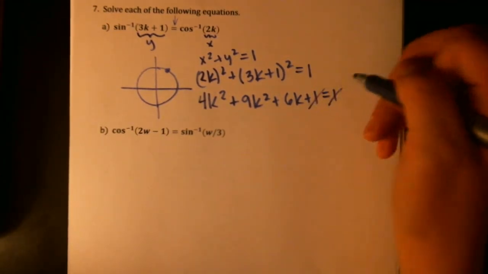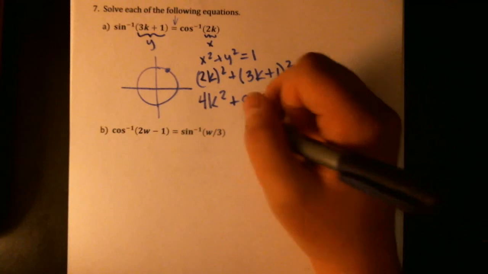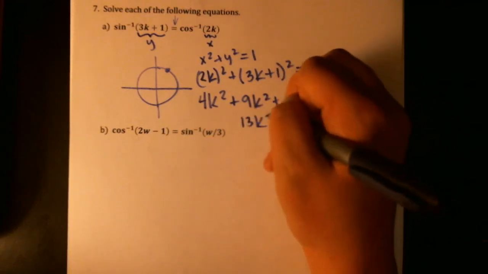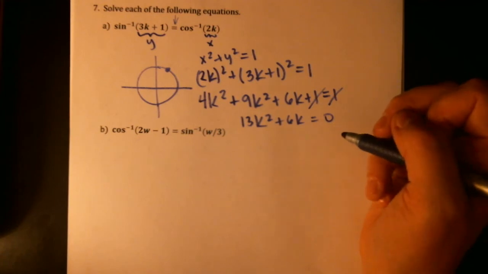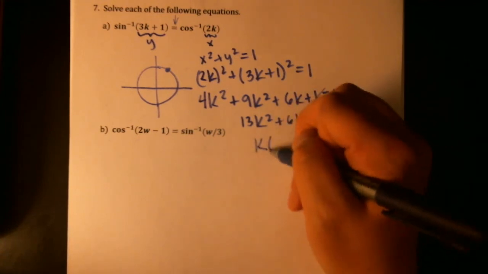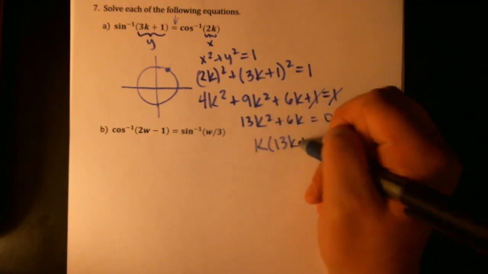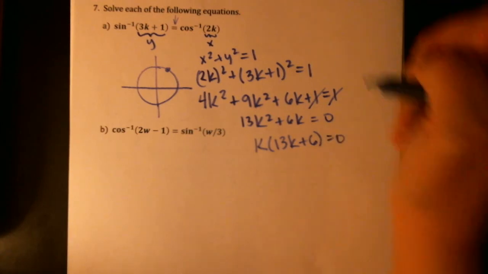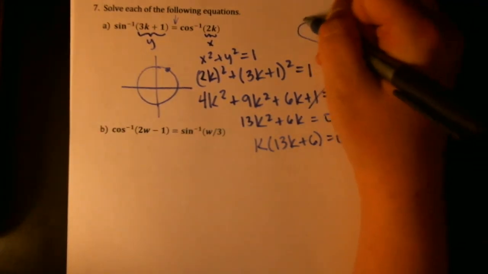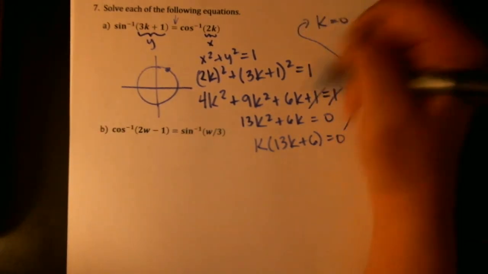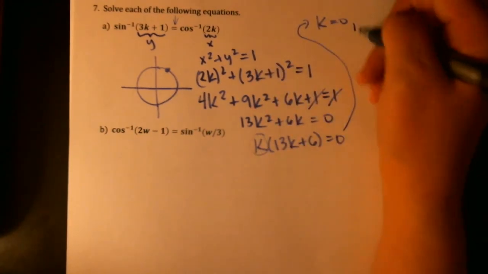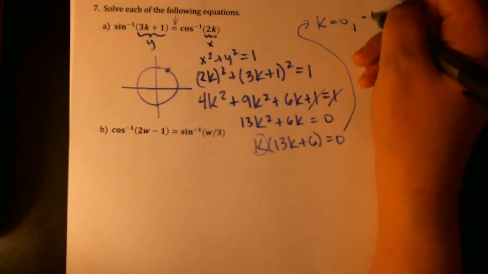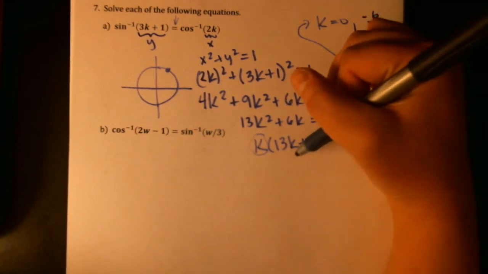The 1's are going to drop out nicely for me, so I get 9 and 4 is 13k squared plus 6k equals 0. And I can factor a k out of that. So it's looking to me like k equals 0 would be a solution. That factor 0 makes the whole thing 0. Or k equals negative 6/13, which would make this one 0.